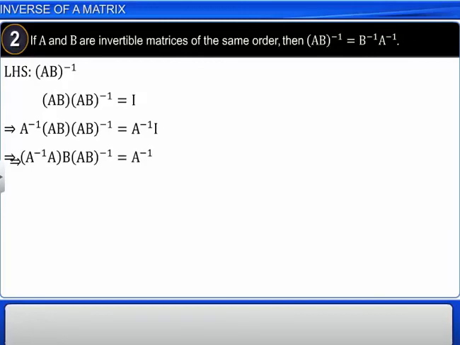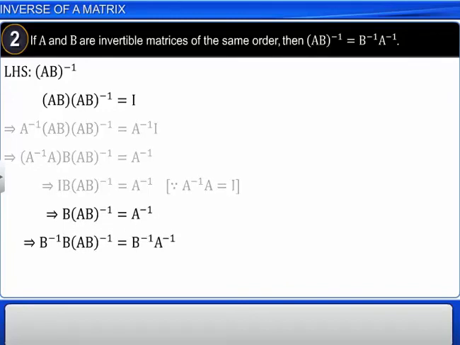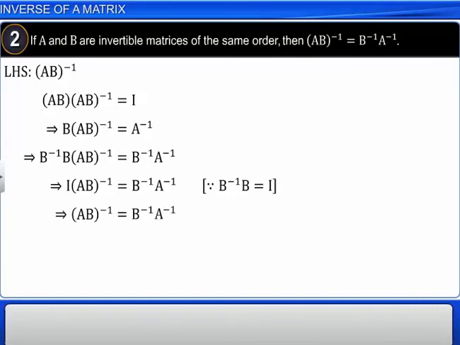Now we can simplify as shown. Now we multiply with B inverse on both the sides. This can be simplified as shown. Therefore, the inverse of the product of matrices A and B is equal to the product of matrices B inverse and A inverse.